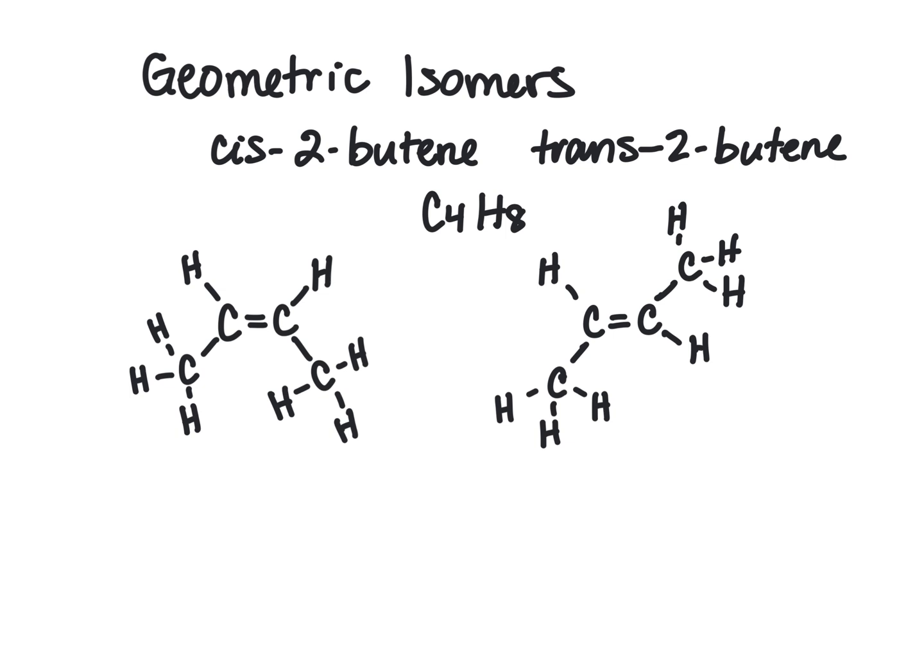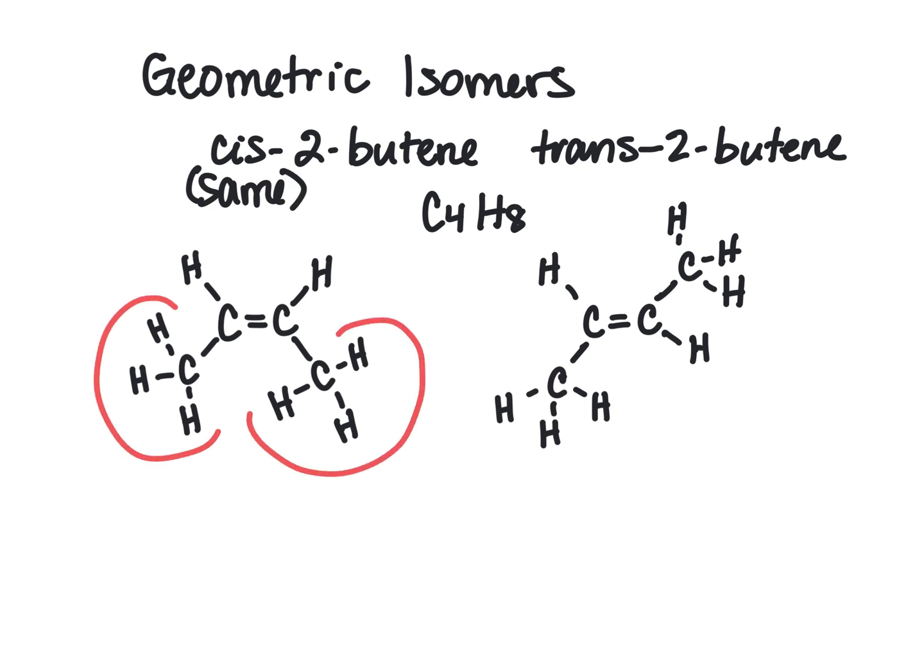And so cis in this case just means same, because the CH3 groups here are on the same side of that double bond, so they're both on the bottom in this case, whereas trans means different or opposite. That's because these carbon and hydrogen groups are on opposite sides of the double bonded carbon.